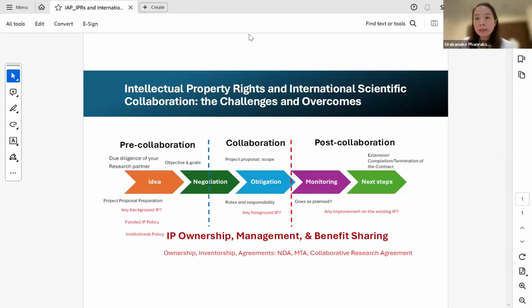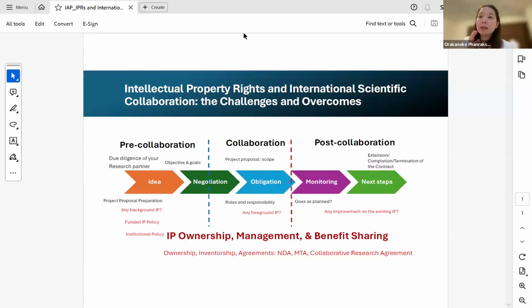Let me kick off by saying that when you develop your own proposal, you find the research partners, right? And like Professor Tiffin had just addressed about her own specimen project, she focused on the data and biospecimen, right? But that may or may not be subject to the protection of intellectual property rights. So the objective and goals of the project must be really clear.